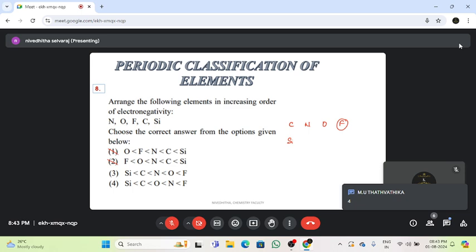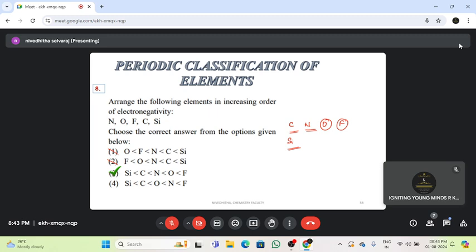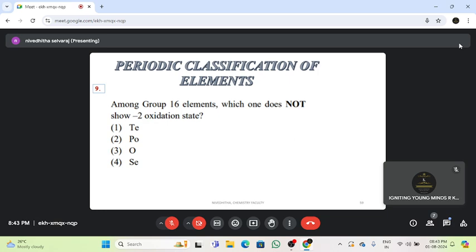And after fluorine, which has the highest electronegativity? Oxygen. Okay, it is oxygen. After oxygen, it is nitrogen. After nitrogen, it is carbon, then silicon. Okay, is that clear? Yes, ma'am. Okay.